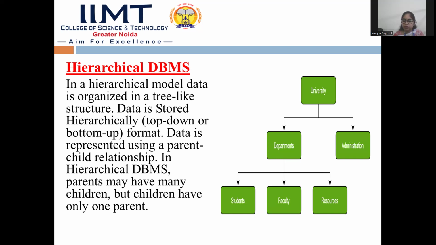In hierarchical DBMS, parents may have many children, but children have only one parent. This diagram shows the hierarchical structure of DBMS. In this diagram, university is a parent and department and administration work as a child.